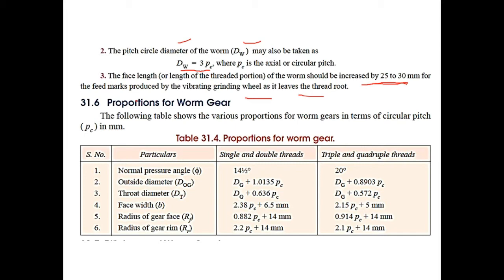So for proper working of the worm and worm gear, we generally consider that the length of the threaded portion should be 25 to 30 mm more.